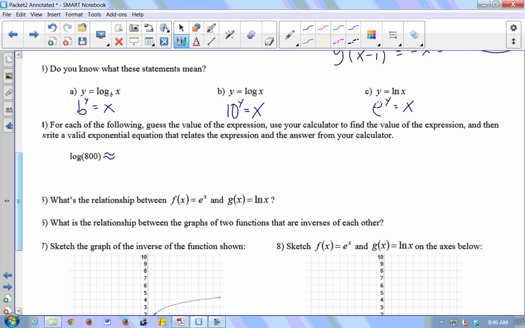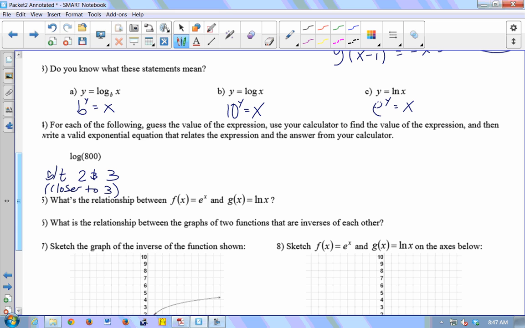So it's got to be between 2 and 3 and probably closer to 3 because 800 is closer to 1,000 than to 100. So I'm going to say between 2 and 3, closer to 3.